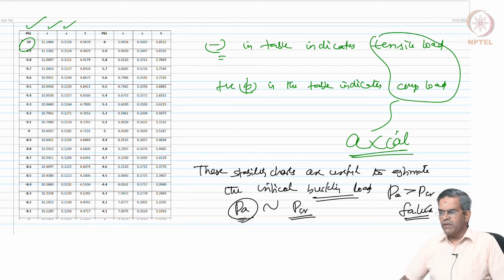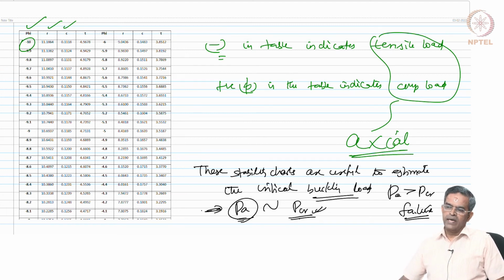So, now I can estimate this phi, PA, be it tensile or compressive, from this table or charts, compare it with critical load, then I will know. Critical load you estimate from the charts. Axial load is the one which is applied to the system.